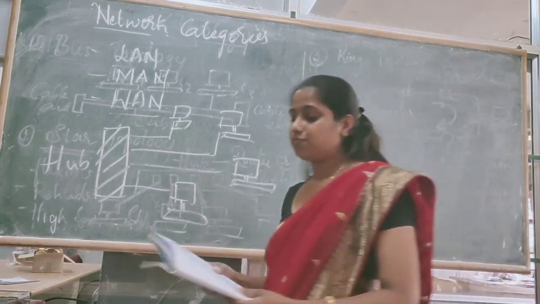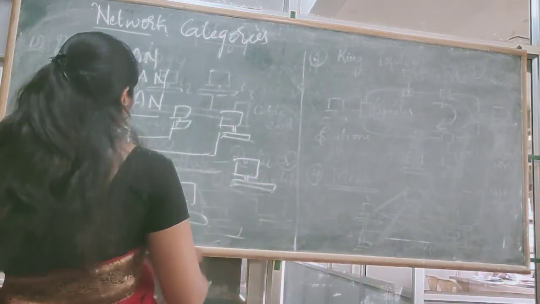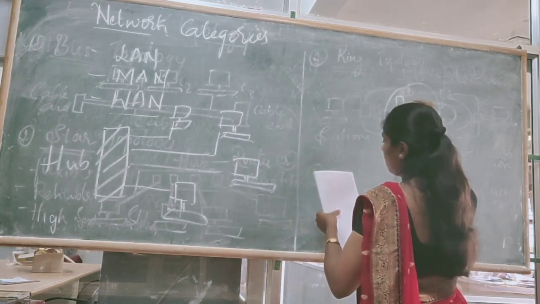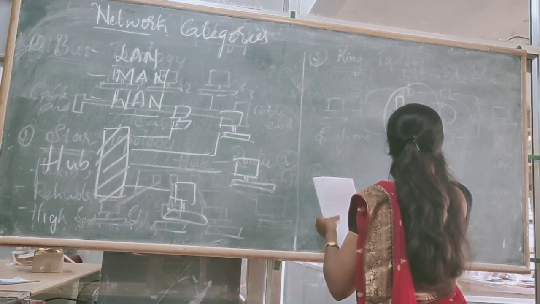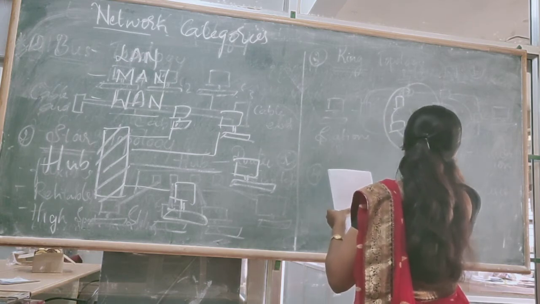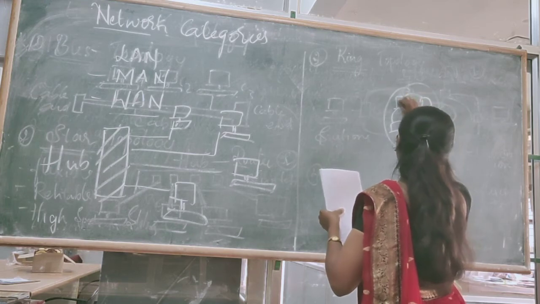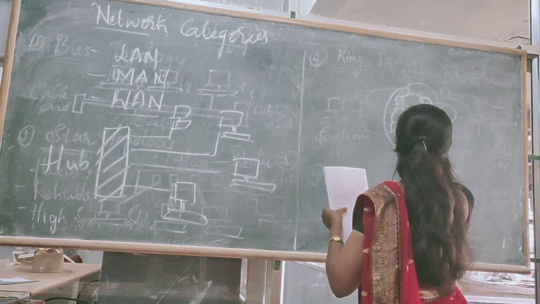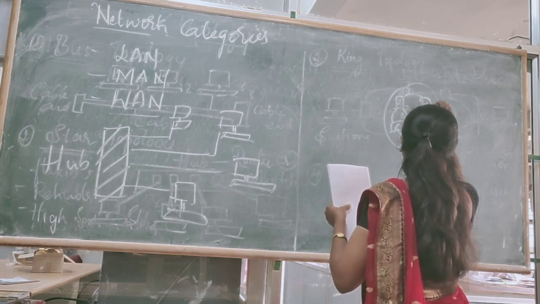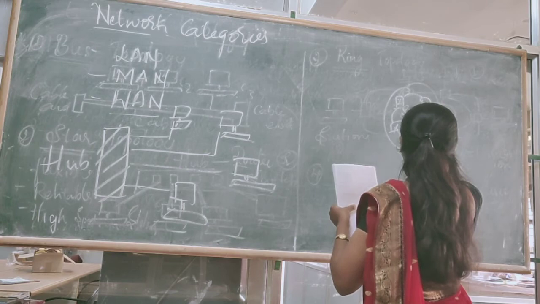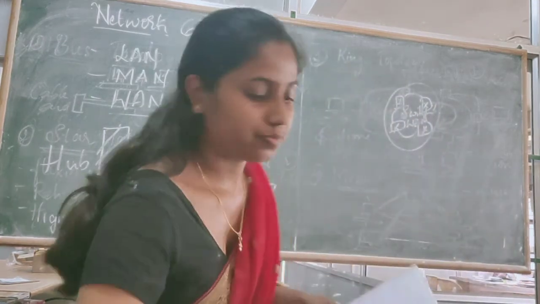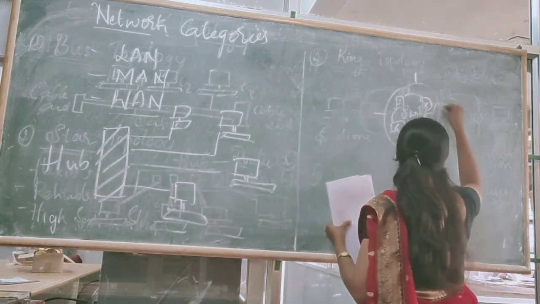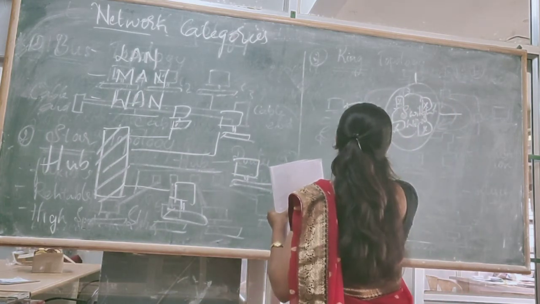Okay, so there is a diagram for this also. Like it has a switched WAN. This is a switched WAN, and systems will be connected to the switched WAN.